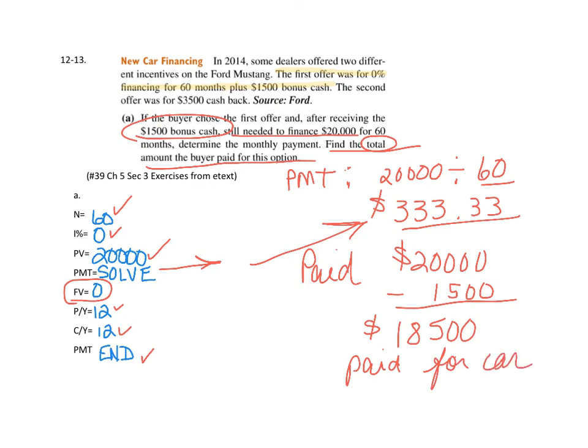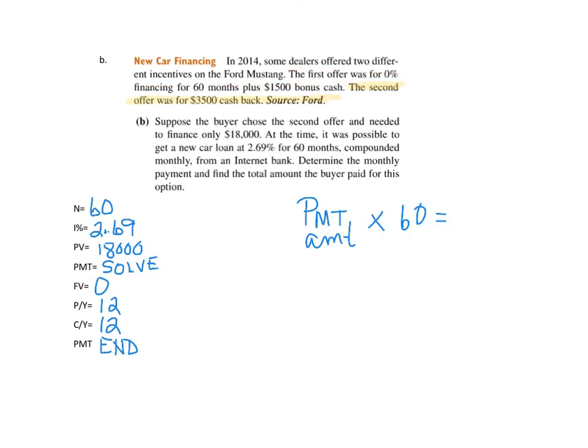Now, Part B of this is a different offer. Is less than the $18,500 they paid for the first option, even though it was 0% interest. In Part B, the second offer is you get $3,500 cash back. So remember that.